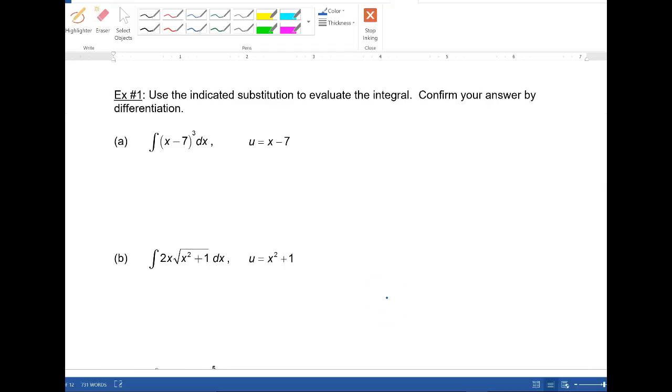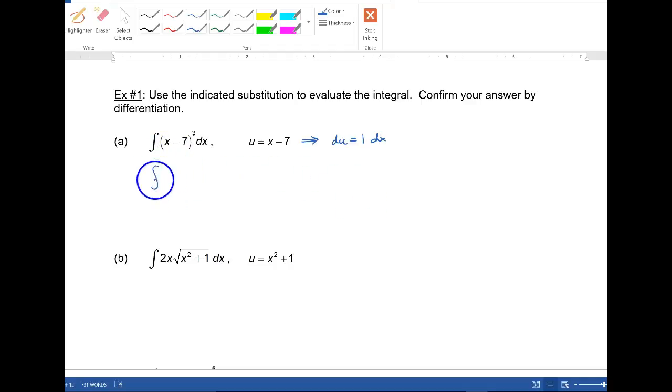Okay, so let's try a couple of these where we're provided with u. So the inside part, that's x minus 7. So du is just equal to 1 dx. So now I'm going to replace my variables.